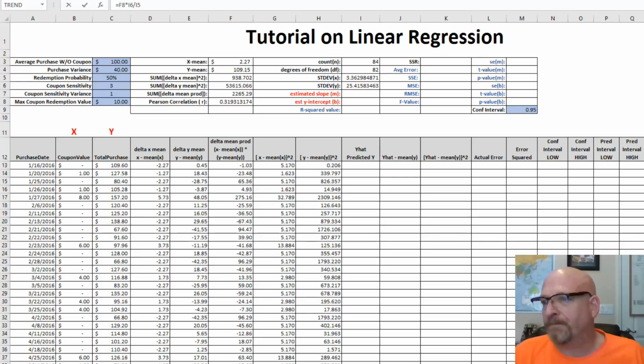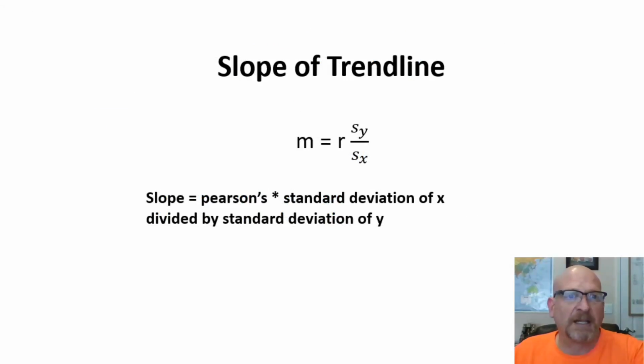So, if I cut you over here, you can kind of see that. There it is. The slope is m. R is the Pearson correlation. Okay. And the SY is the standard deviation of y, and the SX is the standard deviation of x.